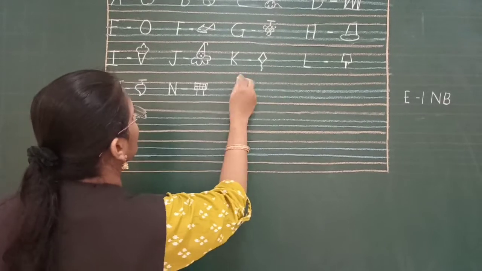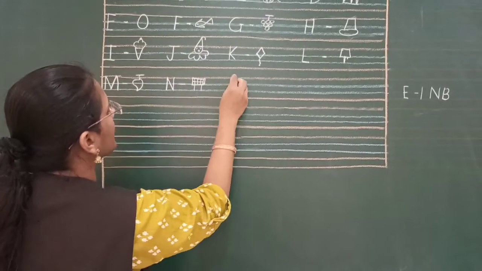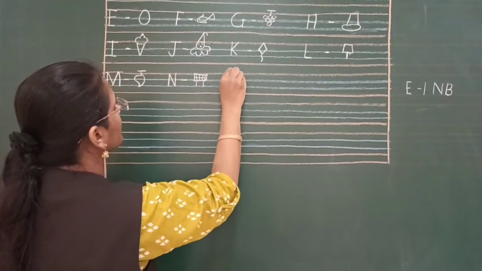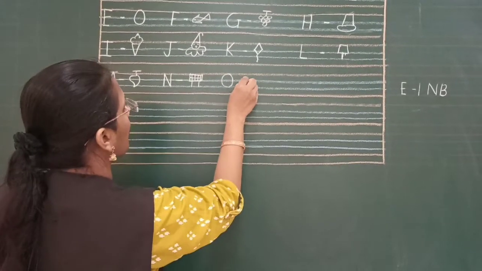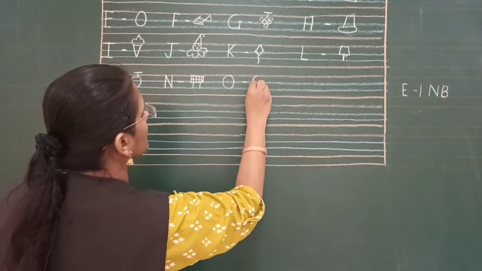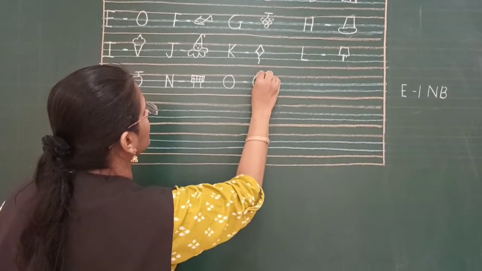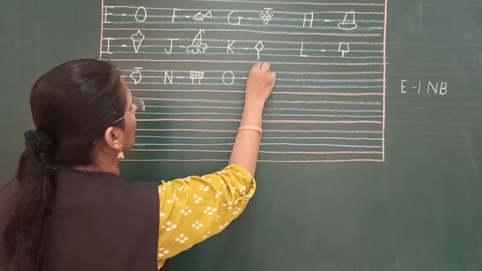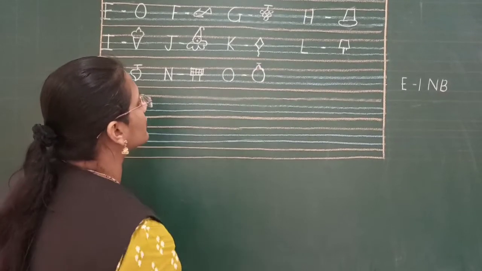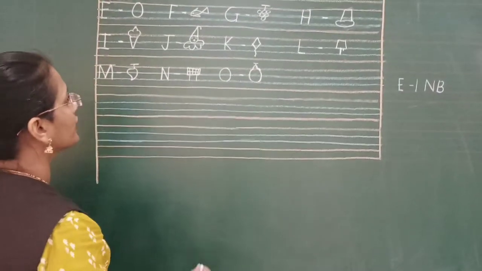After N, L, M, N, then which alphabet will come? Yes, O, and O is for orange. Draw a circle, and here you have to draw like this shape. And this is your O is for orange. Okay, simple way I am showing you.